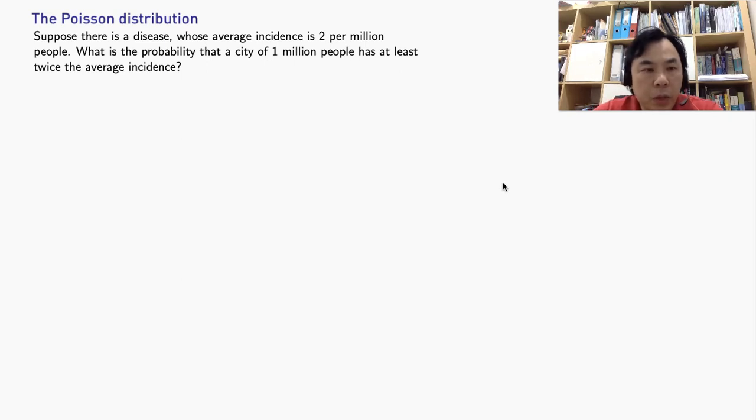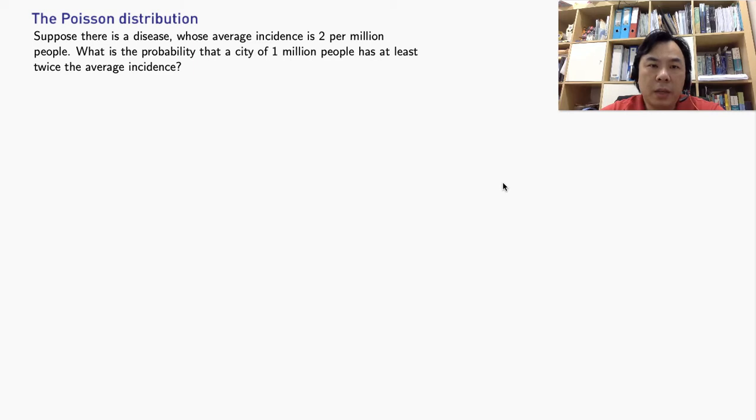Before we go through any discussions regarding the Poisson distribution, I have specifically quoted an example just to recap on how Poisson distributions look like. Now let's read through the question here.